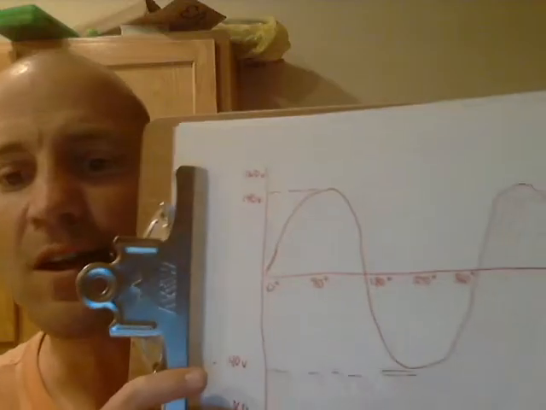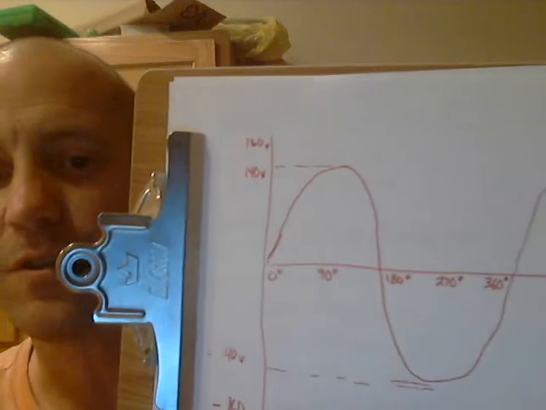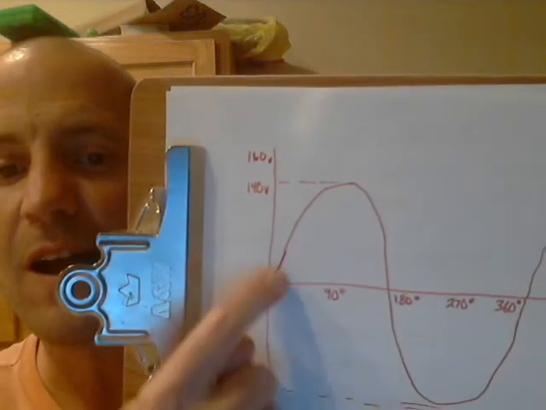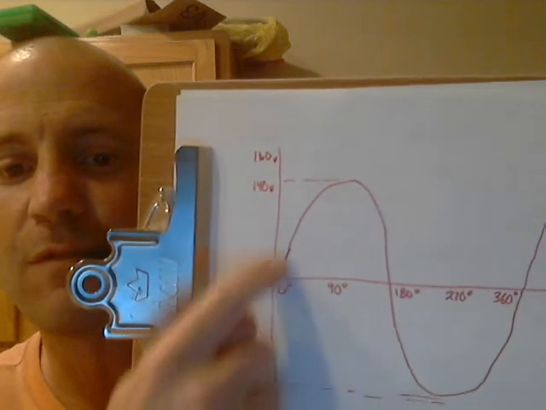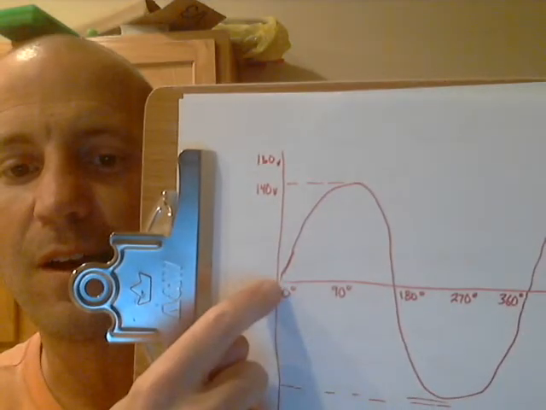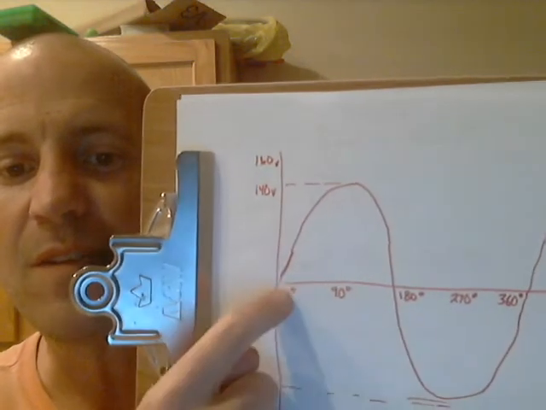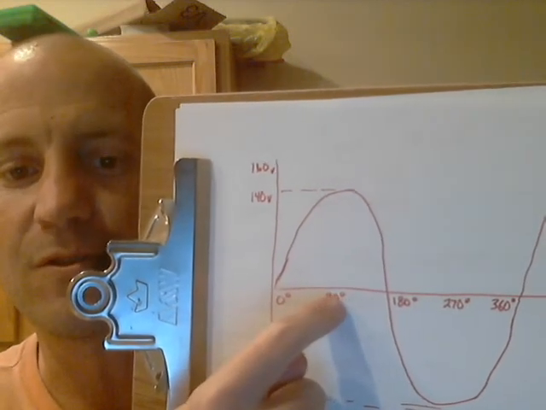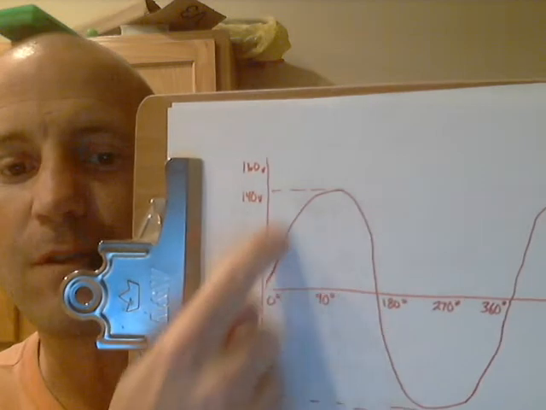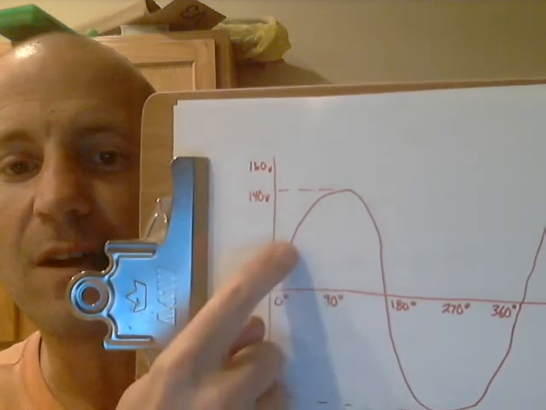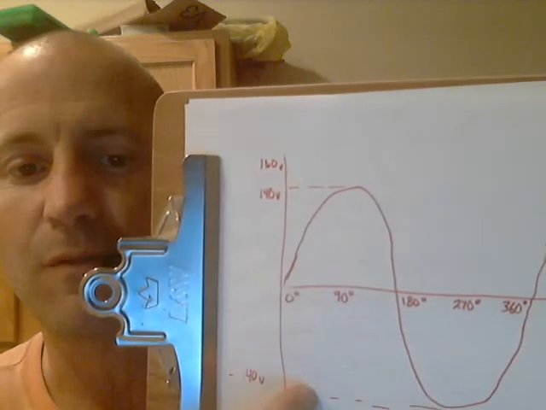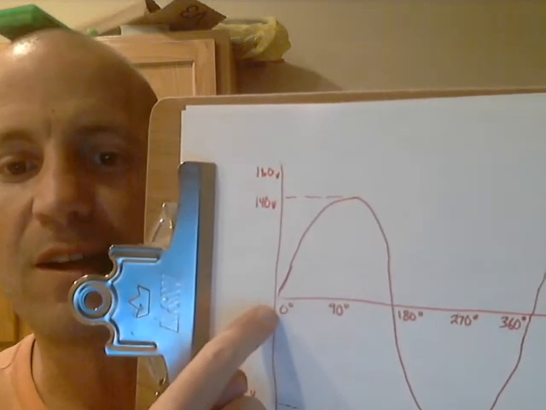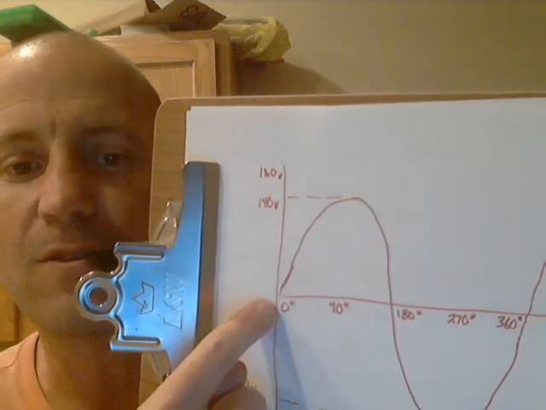Okay, so I've drawn essentially what you just saw, the spinning of the conductor inside of the magnetic field. I have graphed this where we have two axes here. We have a horizontal axis that represents the degree, the angle of rotation essentially, and then a vertical axis that represents the voltage levels. Notice that right here it's at 0 degrees.